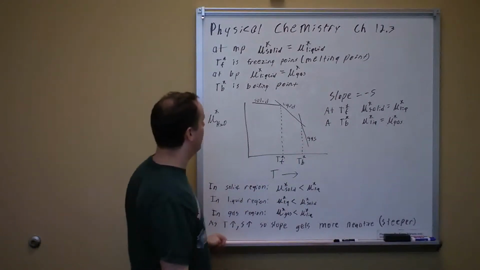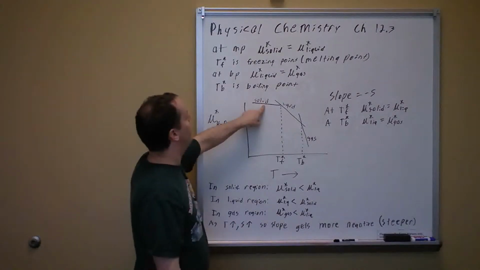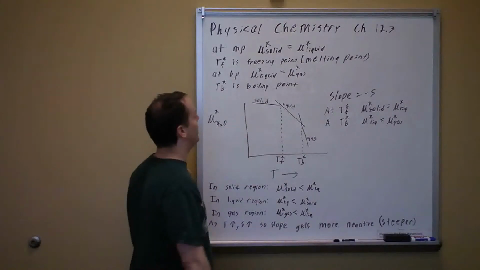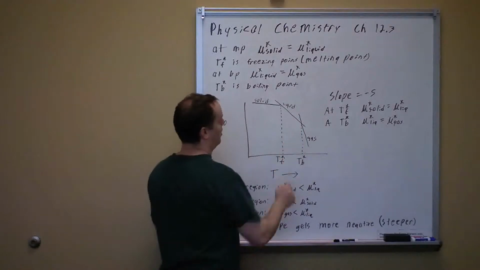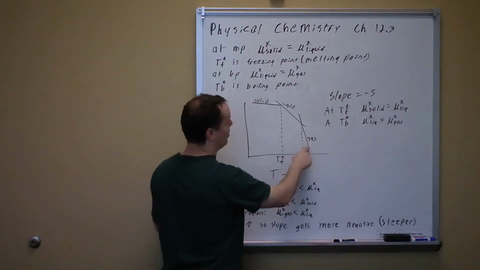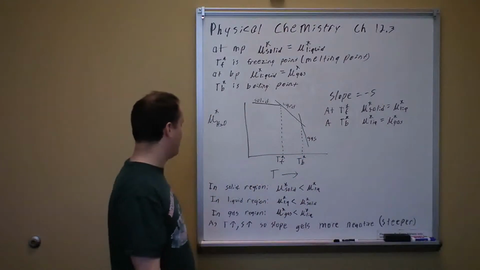So you're going to have whichever phase has the lowest chemical potential. Since the solid curve is lowest here, the substance is going to be solid here. Since the liquid curve is lowest here, then you're going to have liquid here. And since the gas curve is lowest here, then if you're above this temperature, you're going to have gas.